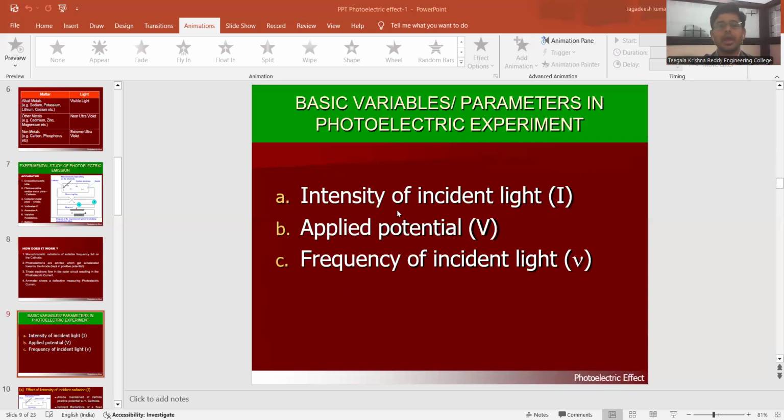The four characteristics are the intensity of incident light, the applied potential, that is, the potential difference between the anode and cathode, and the frequency of the incident light.